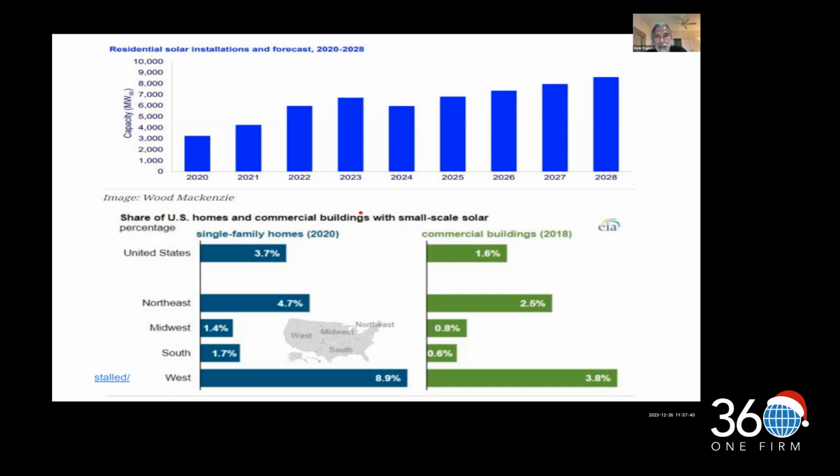Then the utility said, we can't handle that much variable energy on the grid, which is true; there's a limit to how much they can handle. In their power purchase agreements they started adding provisions that allow them to curtail. In other words, when there's too much electricity on the grid, they say, don't give it to me, just ground it.